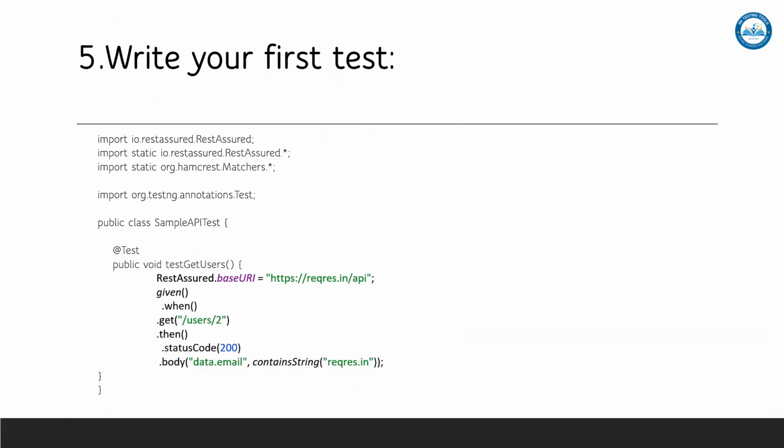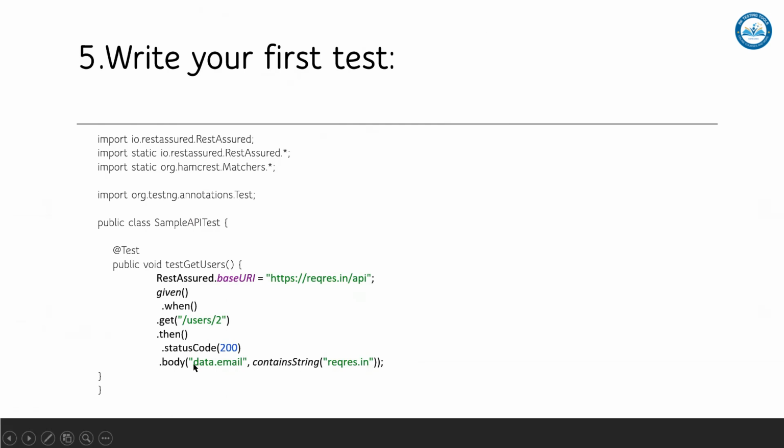So this is your first test case. We have the class and a test method, public void testGetUsers, and RestAssured.baseURI is equal to this API, and given dot when dot get of this resource URL, which is the endpoint, and dot then statusCode of 200, then body, and this is the JSON path, data dot email, containsString of this value.